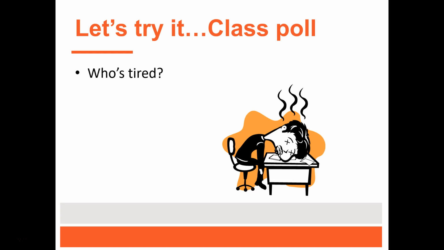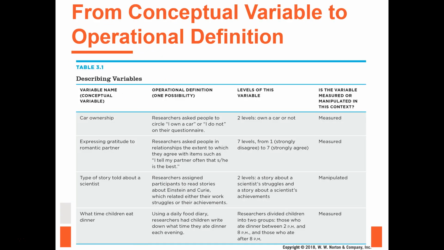And so I could use that as my measure of tired. None of them are perfect, right? None of these are perfect measures, but we have to do our best to take a conceptual definition of who's tired, that subjective idea of who's tired, into something that can be measured in an objective way.